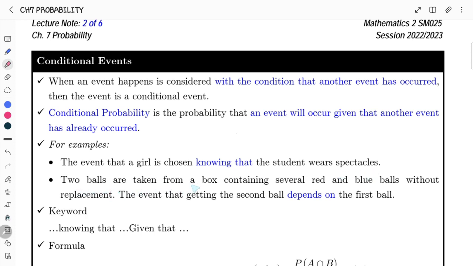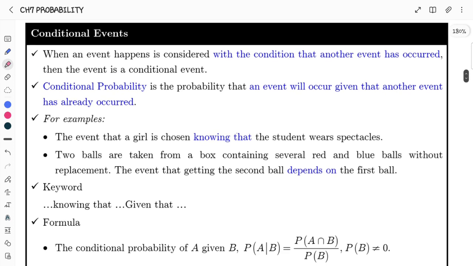Two balls are taken from a box containing several red and blue balls without replacement. The event of getting the second ball depends on the first ball. Keywords, as you can see here, are knowing that, given that, and some other keywords you will find in example or tutorial questions.